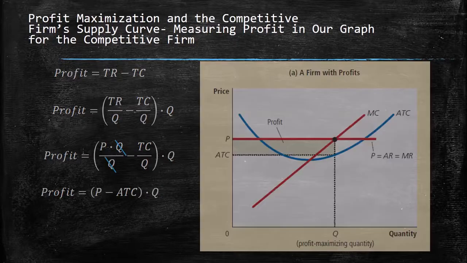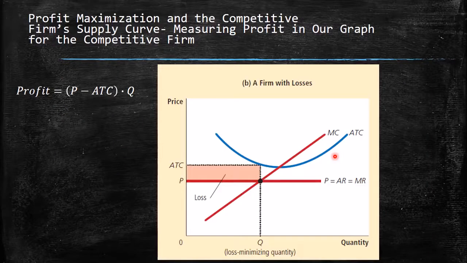Then we have another scenario, a firm with losses. What is the difference? Here this firm sells at this price. The quantity is going to be this one, from marginal cost, but hypothetically, because at this point it's better to exit, since you cannot cover the average total cost.